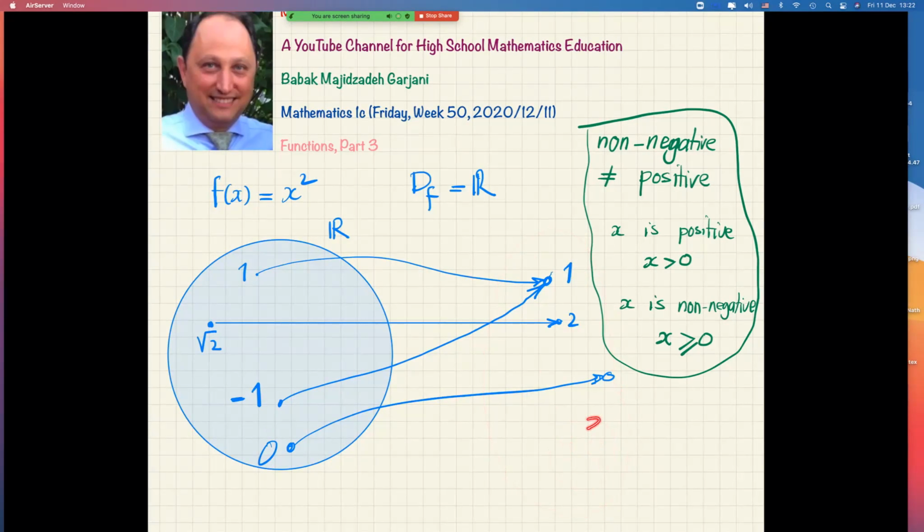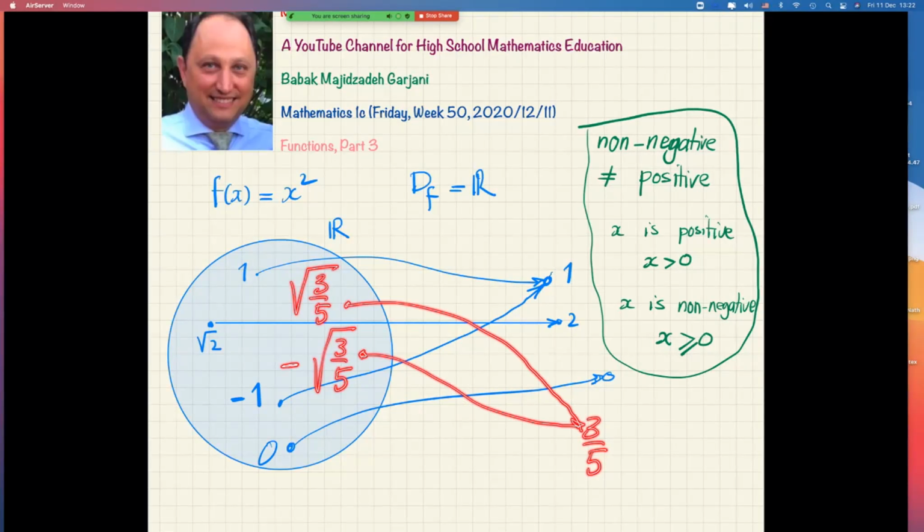Do you think 3/5 is also here? Yes. Which number is going to 3/5? Isn't it the square root of 3/5? Exactly, the square root of 3/5 and another one, minus the square root of 3/5. Both of them will go here.